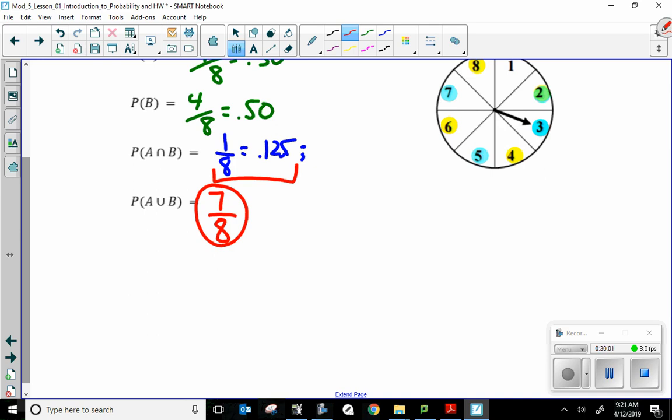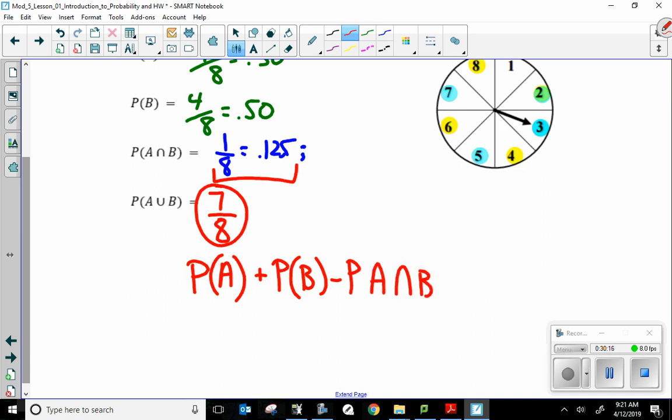Now, what I'm going to show you is the probability of A plus the probability of B minus the probability of A and B. This one is a gem. This should work, especially in word problems. The other ones don't stand alone, but this one should work. These are huge.